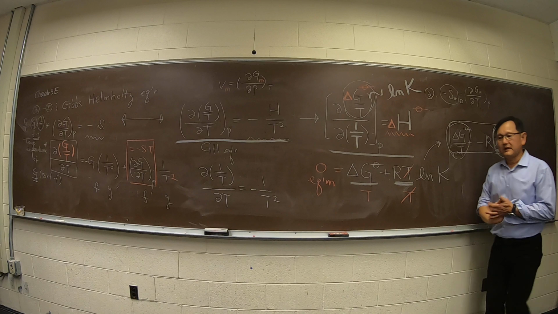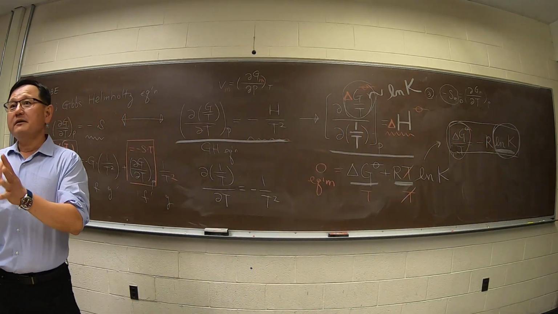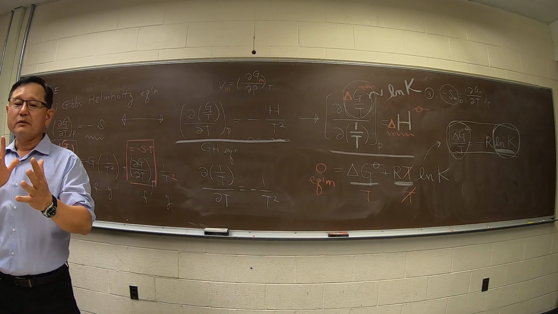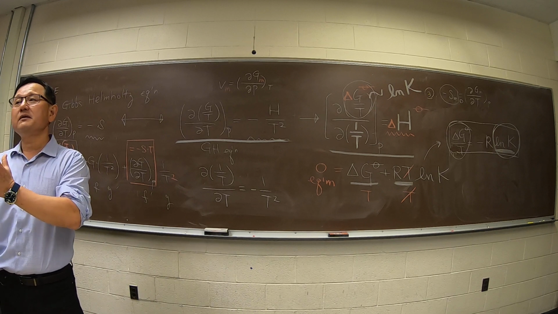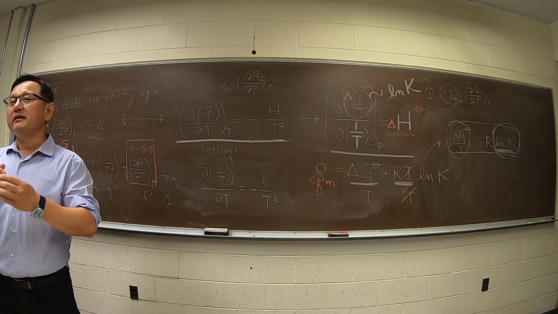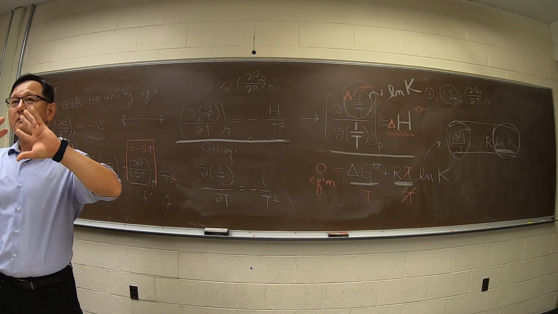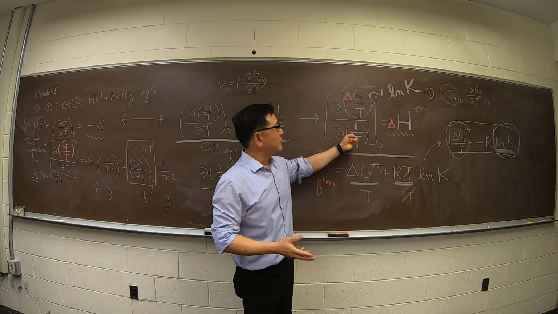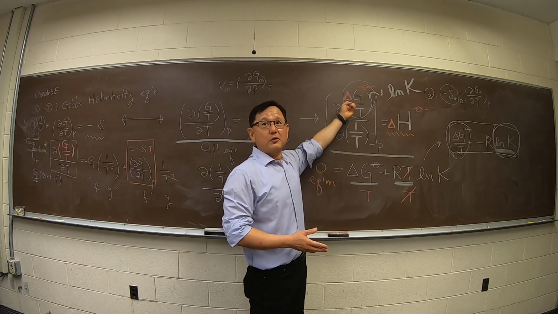So think about it this way. When we change the temperature, this is, I think, one of the core concepts. When we change the temperature to change the equilibrium conditions, you should not think about temperature, you should think about 1 over temperature. If I double the 1 over temperature, this will double, right? They're proportional to each other.